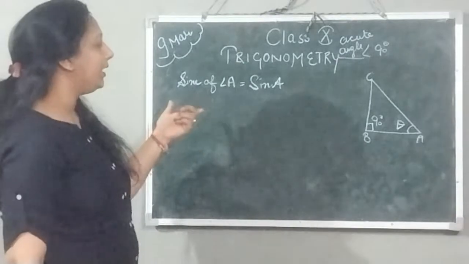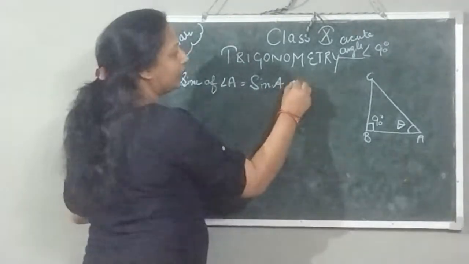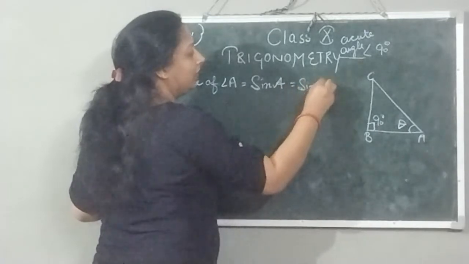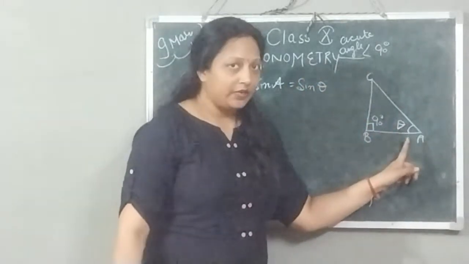In the trigonometry we take the angle's name theta. So sine A, or you can say sine theta. This angle is the acute angle, you know.